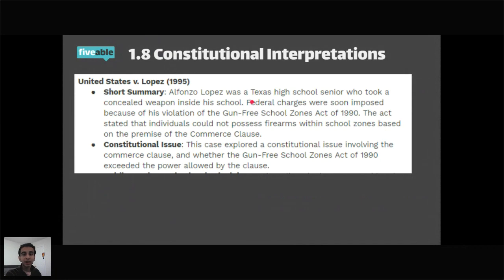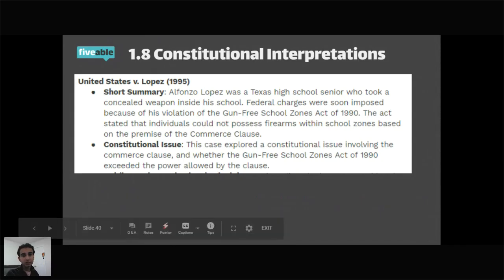They said it violated the Gun-Free School Zones Act of 1990, which stopped the possession of firearms within school zones, and the reason was the Commerce Clause. Now, I'm sure some of us can agree that students having guns on campus might not be the best idea, but the way in which they implemented this law was through the Commerce Clause.